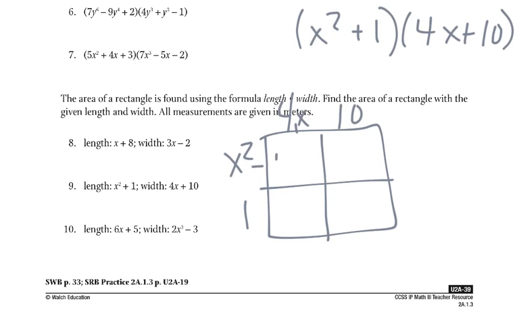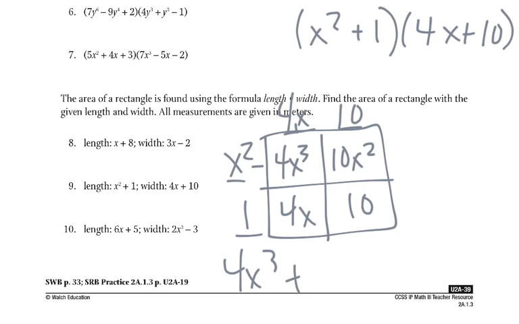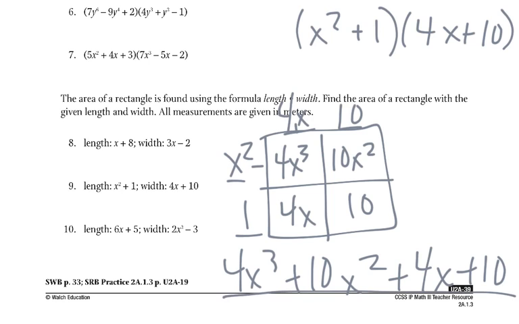X squared times 4x, 4x cubed. X squared times 10, 10x squared. 4x times 1, 4x. 10 times 1, 10. This time we can't combine any like terms, so we just write 4x cubed plus 10x squared, highest degree to lowest degree, plus 4x plus 10. Polynomial of 4 terms to the 3rd degree, with coefficients of 4, 10, and 4, and a constant of 10.